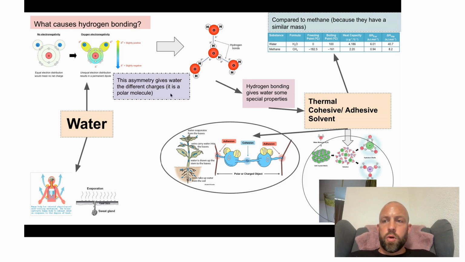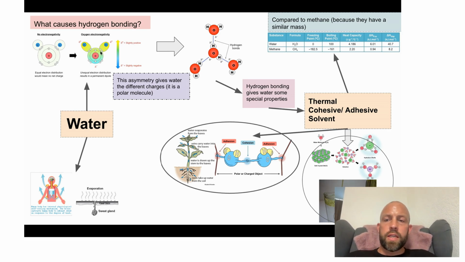So this hydrogen bonding is caused by an imbalance in electronegativity. Up in the top left, we can see this picture, that if there was no electronegativity, then the molecule itself would look like this. But because oxygen's nucleus has 8 protons in it, it has a greater pull on the electrons of hydrogen. Hydrogen's only got 1 proton, 1 electron, and it's those electrons that will mainly be found associated with the oxygen.